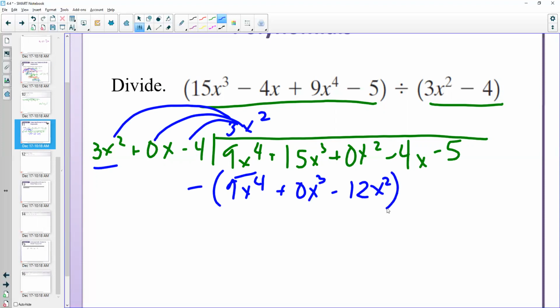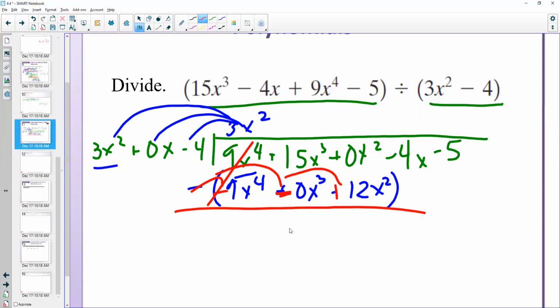I'm going to change my signs, right? Distribute, distribute, distribute. So that's going to be minus, minus, plus. These guys cancel. The 15 is just going to come down, 15x cubed. And then plus 12x squared. Bring down the 4x, minus 4x. And do it again, okay?